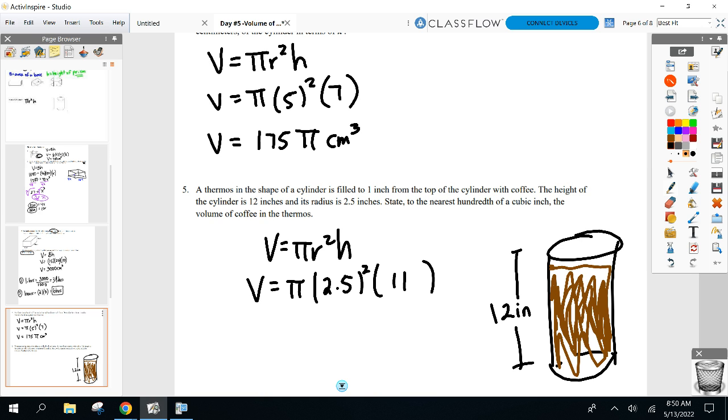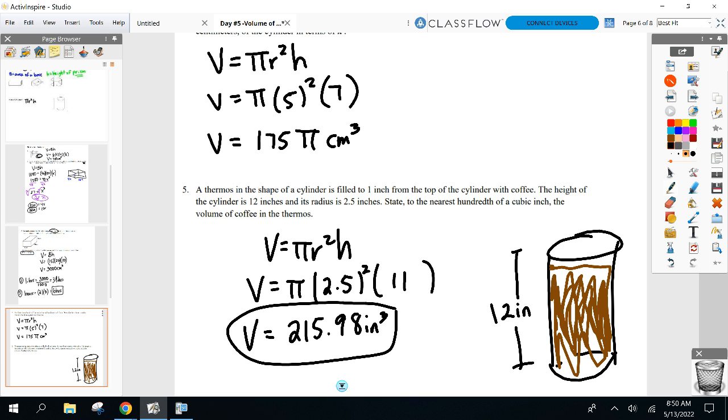Round to the nearest hundredth. And then how much coffee in this bad boy? 215.98 cubic inches. All good?